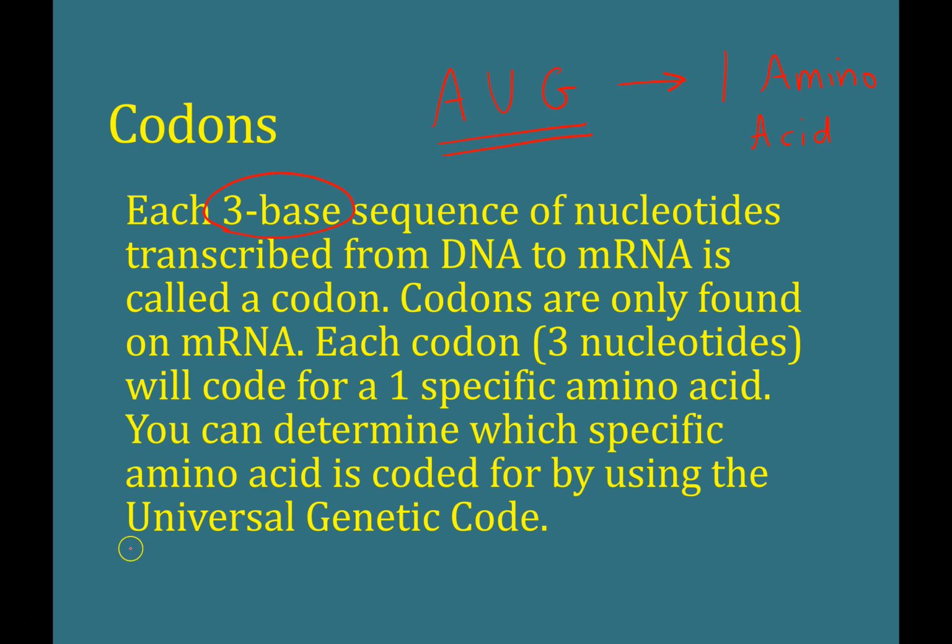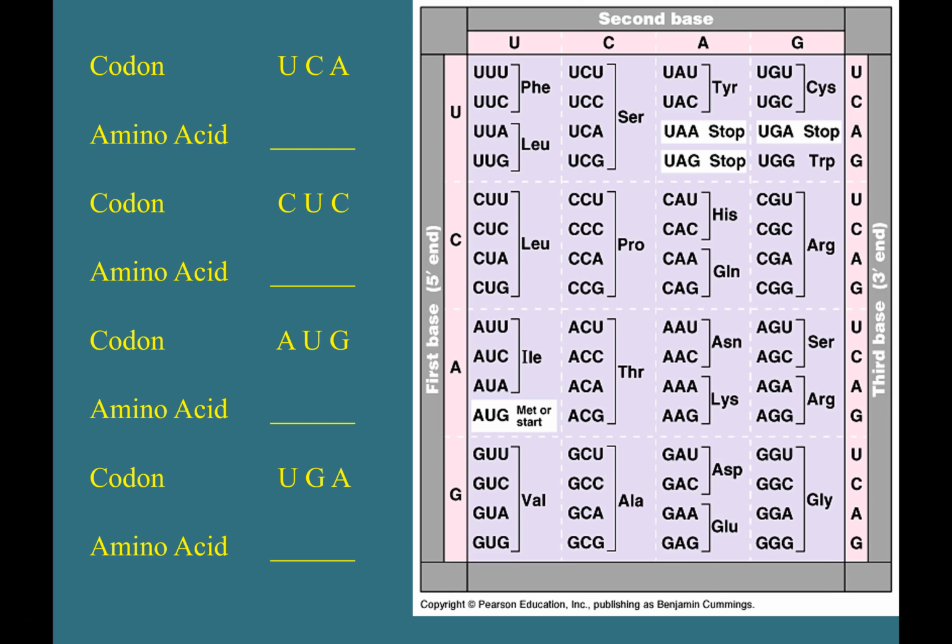So you're going to use something known as the universal genetic code when you're making mRNA. So let's take a look. For example, I know that this is a codon on the mRNA because I see the letter U. If I want to know what amino acid that codon is going to go and get, I use my universal genetic code, which is the diagram on the right.